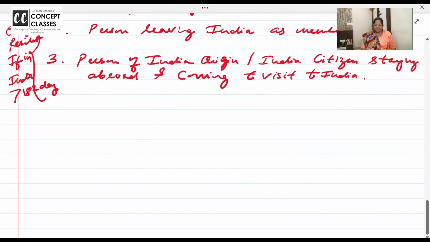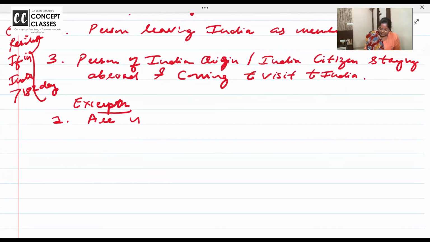चलें साथ में. Now, one more exception they added from financial year 23. Last year का amendment है. You write it in question form, so you will ask the question, that will be clear. Are you Indian origin? Indian citizen नहीं हाँ? Person of Indian origin. Yes.